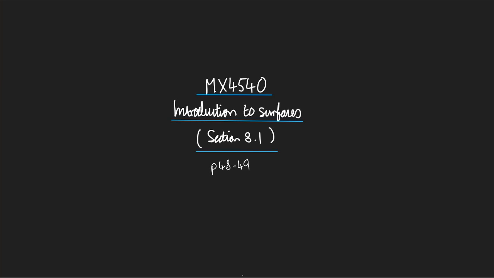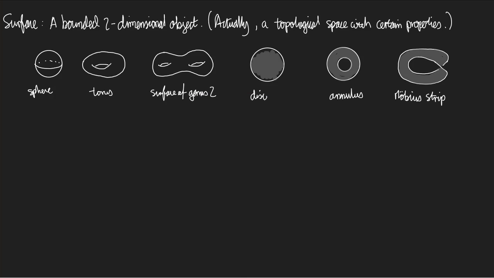Okay, so by the way, this is going to be a little vague. We're not going to go into the full theory of surfaces and so on. So what is a surface? It is a bounded two-dimensional object. Okay, that's a bit vague.